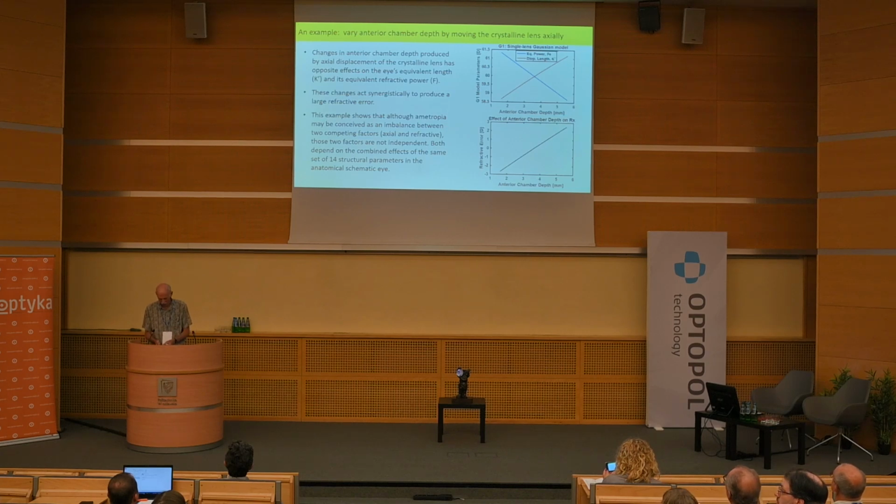So if you adjust the anterior chamber, that's the x-axis on this graph, anterior chamber depth, and reduce all these numbers down to a reduced eye model, now just look at how equivalent power changes. Equivalent power is the blue one, and it shows the equivalent power is dropping.